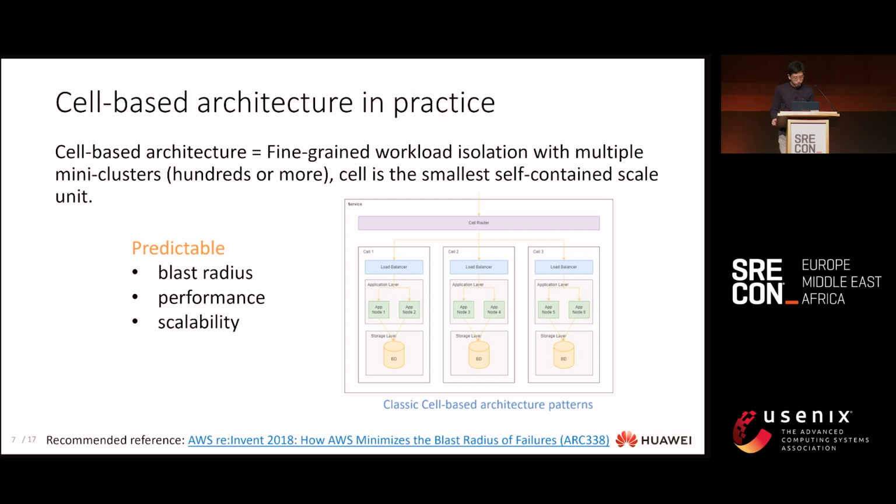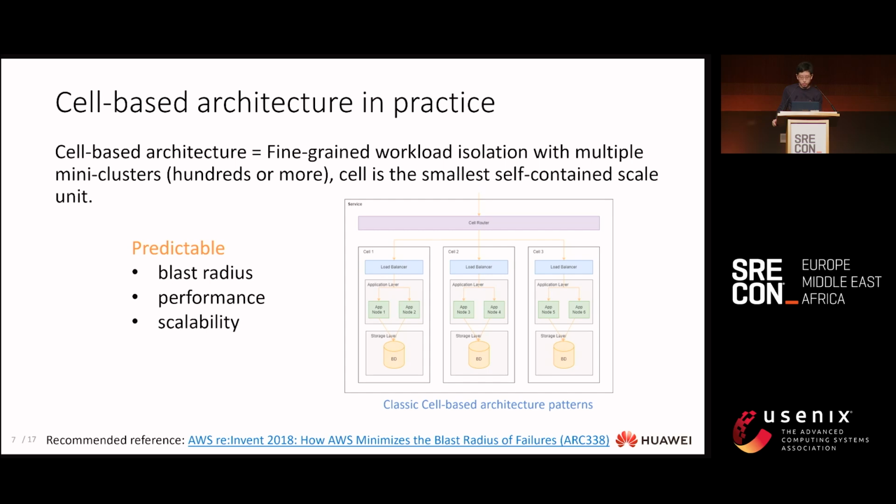If you're not quite familiar with cell-based architecture, there's a good reference from AWS re:Invent. You could watch the video on YouTube. In short, cell-based architecture basically splits your large cluster into fine-grained smaller clusters, usually even 100 or more, depending on the granularity you want and how much blast radius you want to contain.